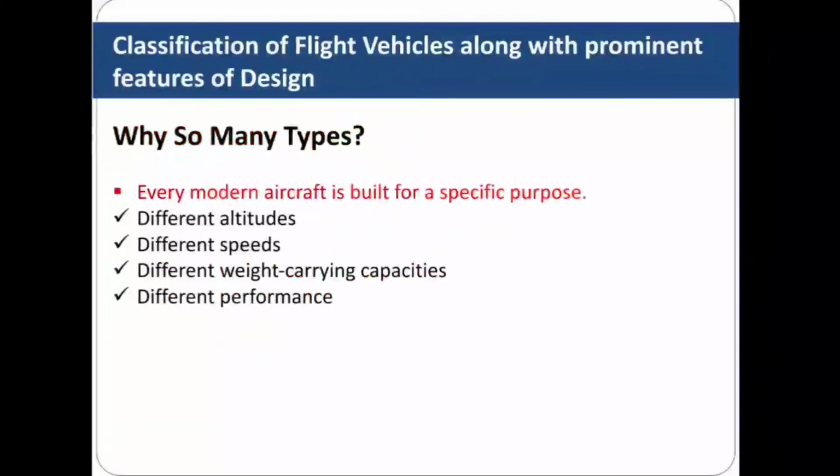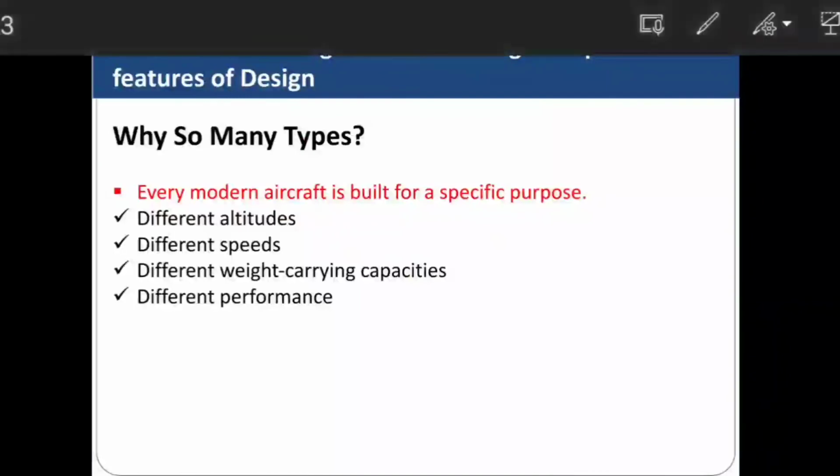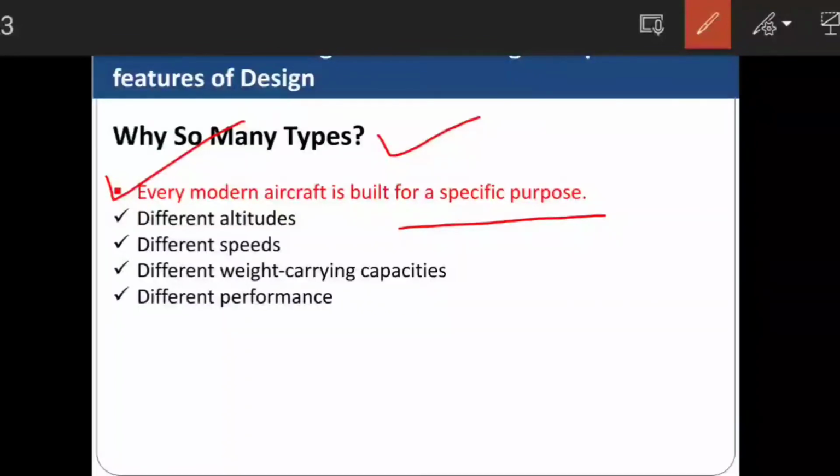Understand? Now the question is: why are there so many types of airplanes and aircraft available nowadays? Here I have mentioned the reason. Every modern aircraft is built for a specific purpose. This is also an interview question, guys. Many students fail these types of questions. Why do we use so many different types of airplanes and aircraft?